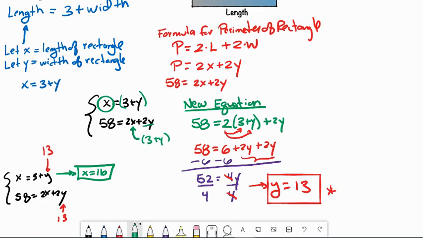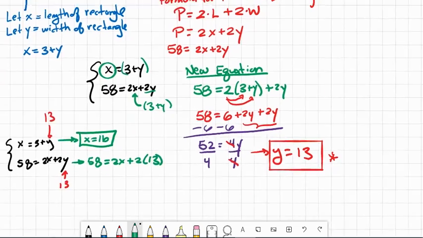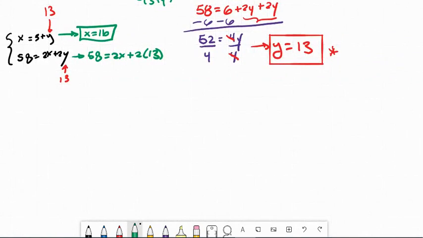This bottom equation becomes 58 is equal to 2x plus 2 times 13. 58 is equal to 2x plus 26.